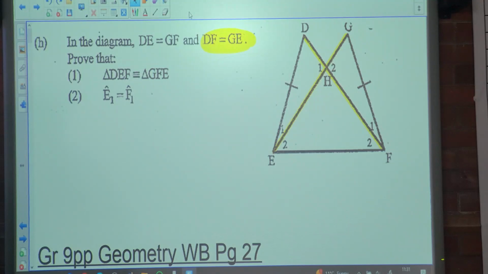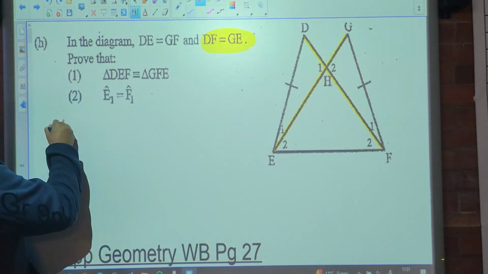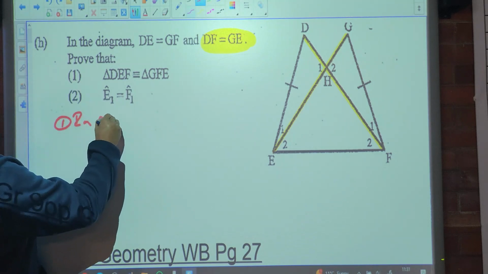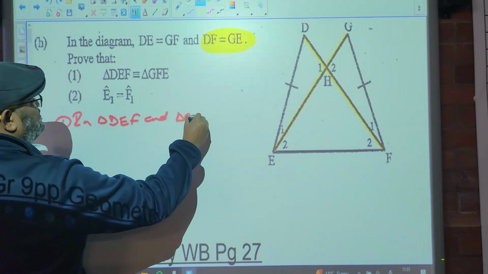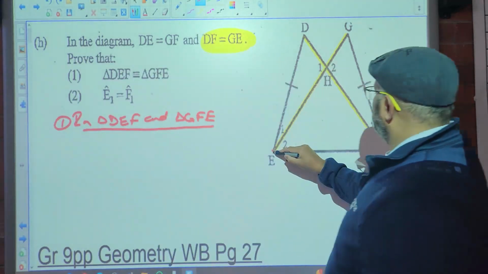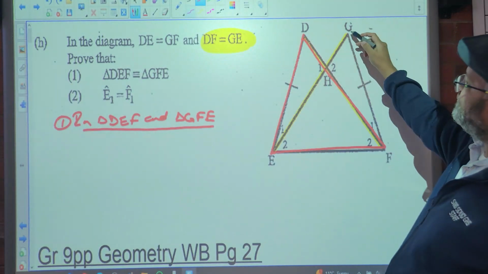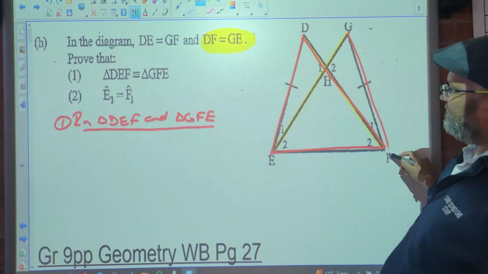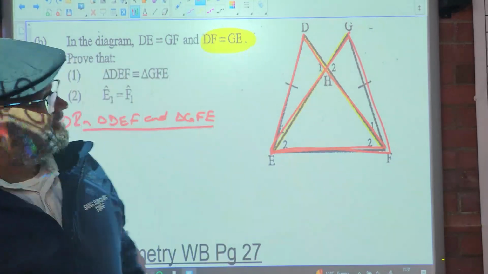Then, we must prove that the two triangles are congruent. So where do we start? We start in triangle DEF and triangle GFE. Those are the two triangles, okay?